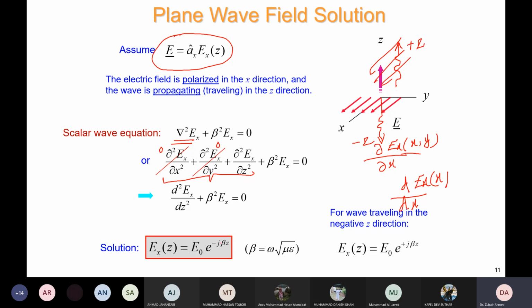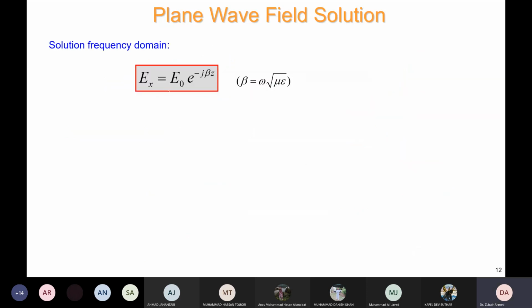Instead of minus j beta, we have plus j beta z for a wave traveling in the minus z direction. And beta we have defined as a constant equal to omega square root of mu epsilon. So this is our solution of the scalar wave equation in the frequency or phasor domain.